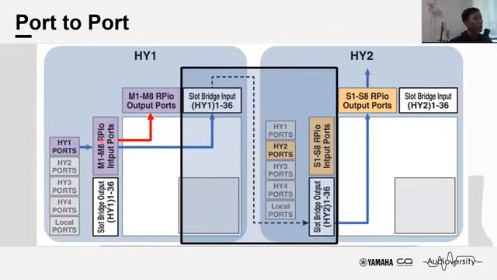We route Dante coming in. So right now it's not HY1, we usually use HY4, but that doesn't matter. So we use the Dante card. The input is a digital input, so it's not even an actual analog in. So you can route digital inputs to the slot bridge and out through our HY1, which comes out through our RPIOs.